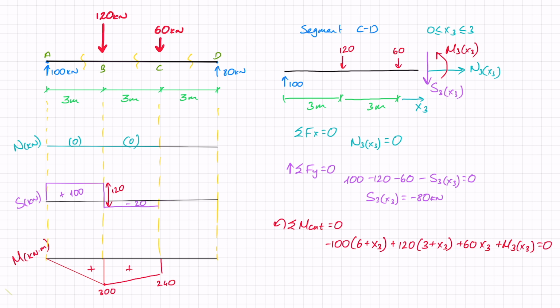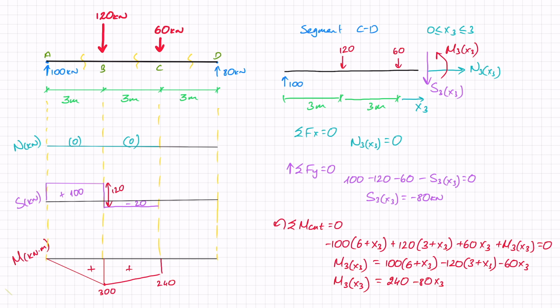If I isolate M3, I am going to get 100 times (6 plus x3) minus 120 times (3 plus x3) and minus 60 times x3. Let's open the brackets and write that out a bit more neatly. So I've got 240 minus 80 times x3.